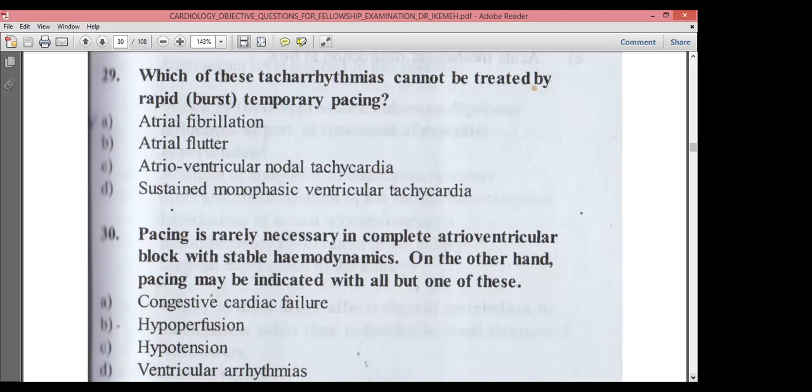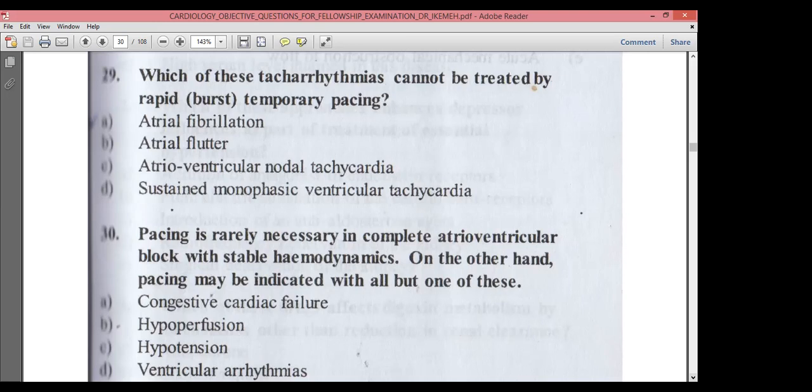Pacing is rarely necessary in complete AV block with stable hemodynamics, because what I came across in the guideline is whether there's symptom or no symptom, so long as it's a third degree AV block, complete AV block, you should pace the patient.